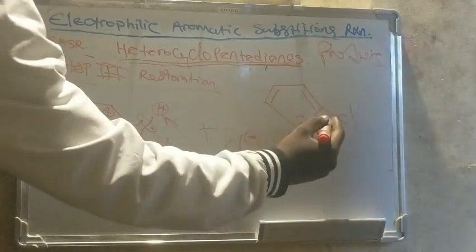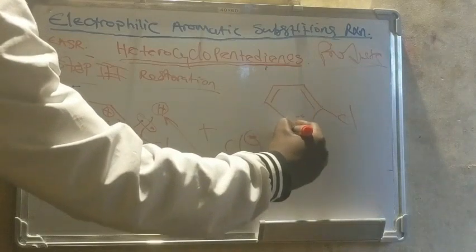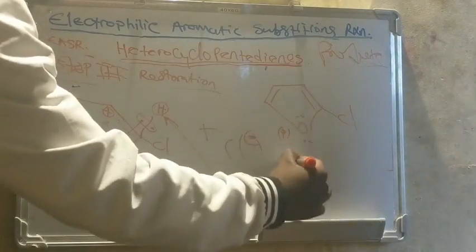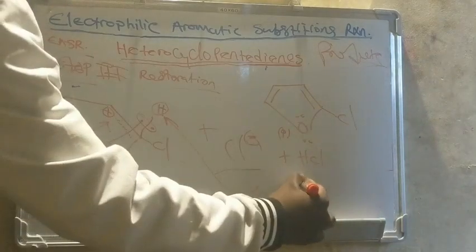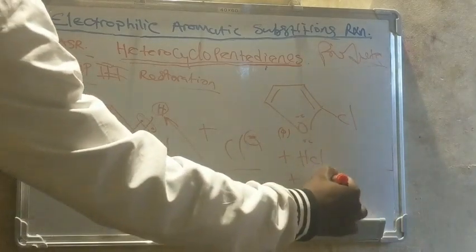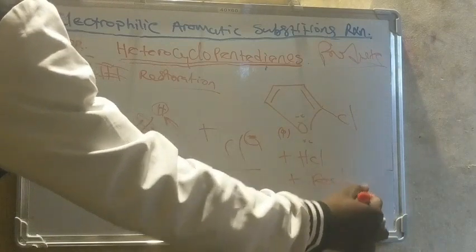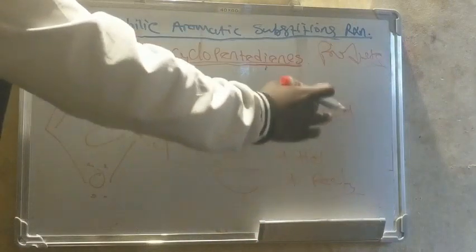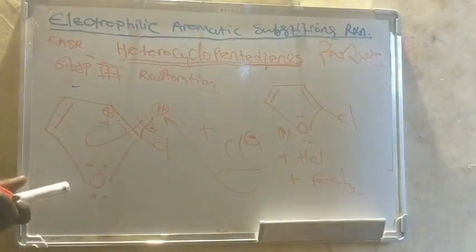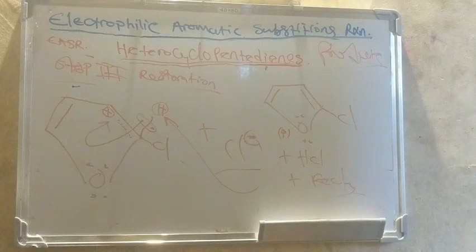So this will be our major product of the reaction. And accompanied to this, we had produced some hydrochloric acid as our byproduct. And we had also realized back our catalyst, which is iron tetrachloride. So these are the products of the halogenation using chlorine of furan.